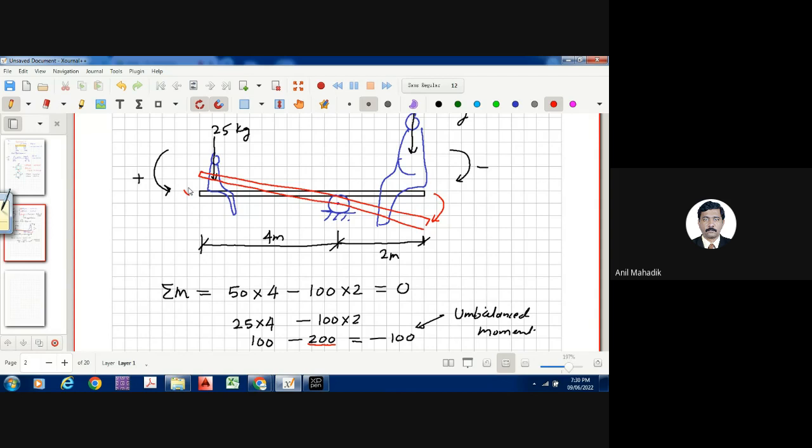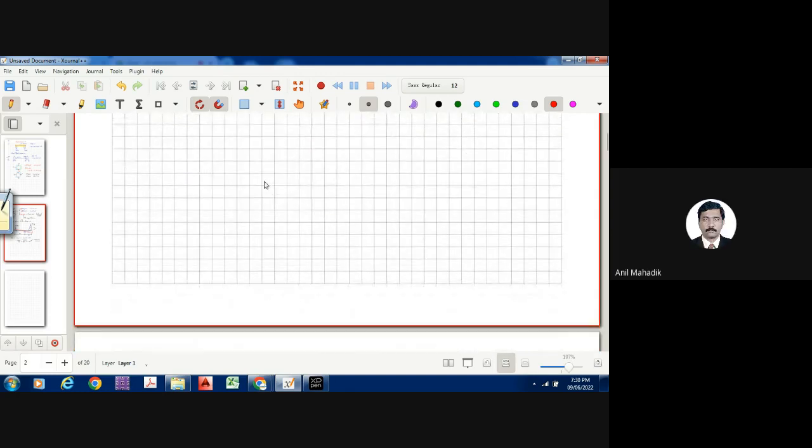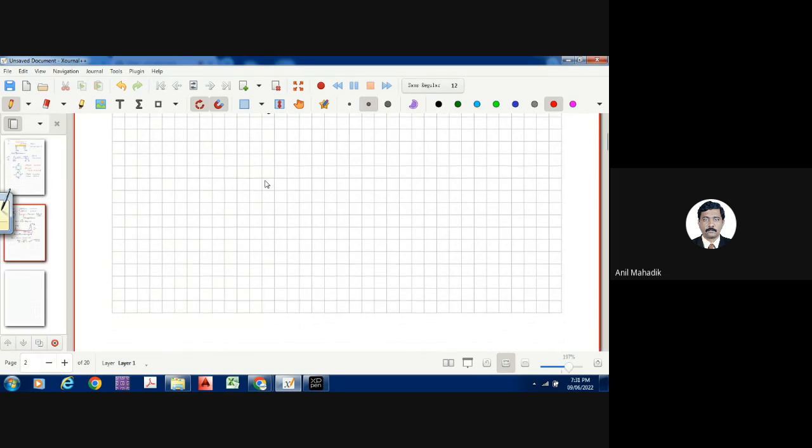Now we will switch to the next topic, which is supports. All of you know that in any structure there are supports resisting either reaction loads or moments. Let me give one example. There is one rod and one block over here.